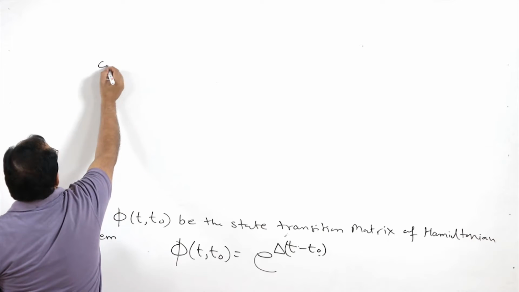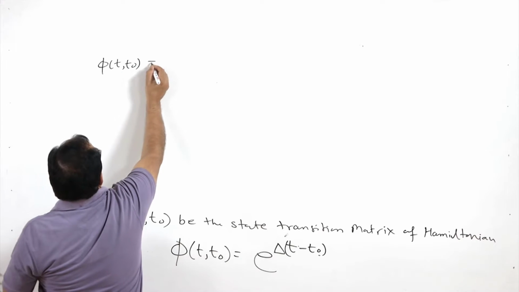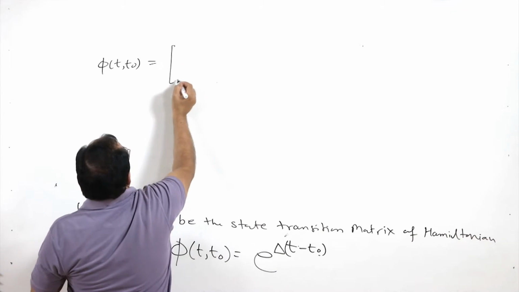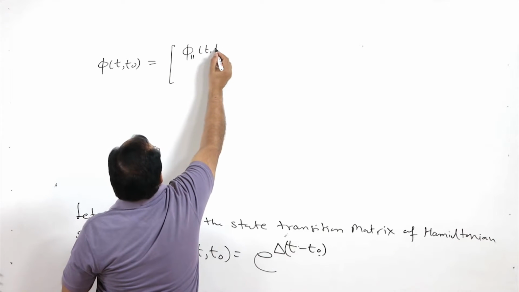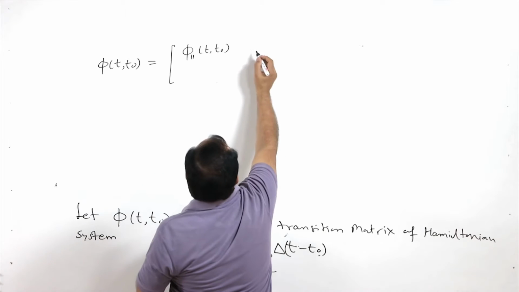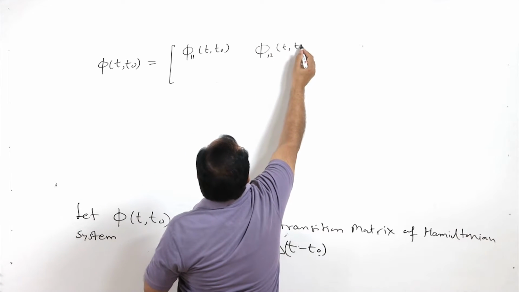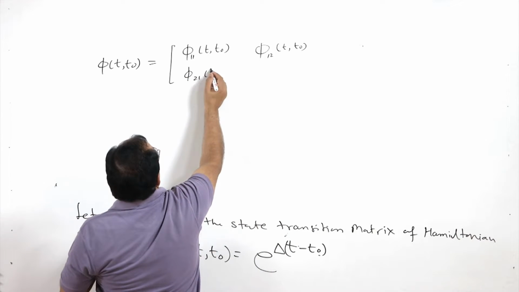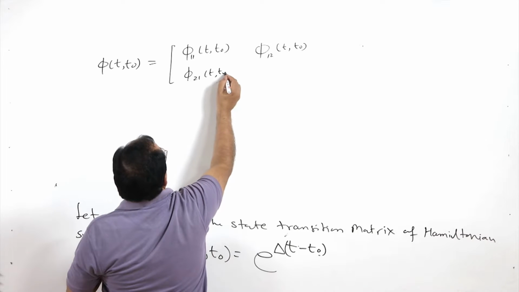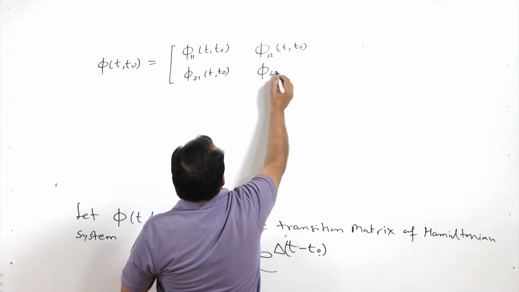We write phi t, t0 in partition form as phi 11, phi 12, phi 21 and phi 22.